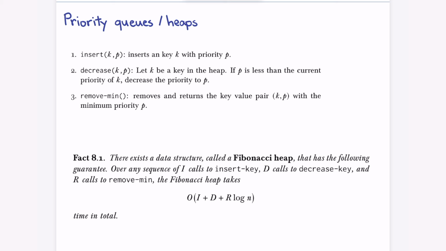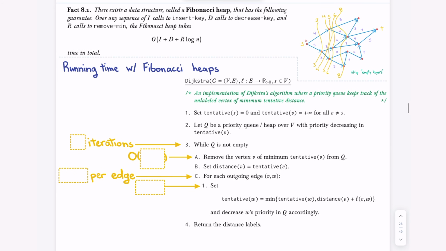You can just think of each remove min as taking log n. It doesn't really mean each operation takes log n, but if you did 10 of them, it would take 10 log n time in hindsight. The work is just unevenly divided. All right.